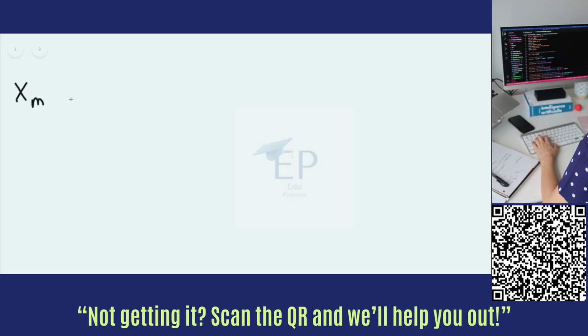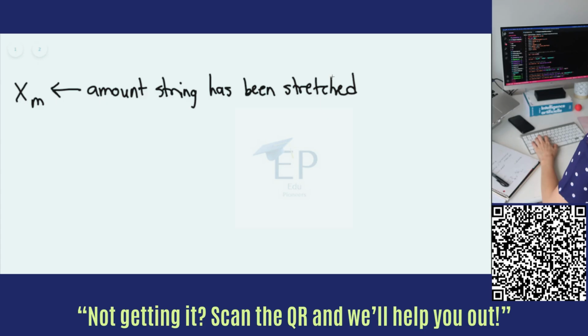So here we can say that the maximum displacement, let's say x sub m, would be the amount the spring has been stretched. And this would simply be L prime minus the original rest length.